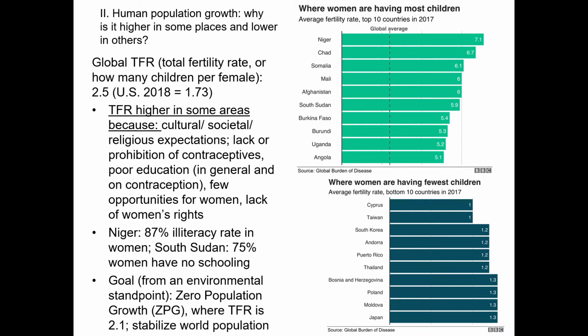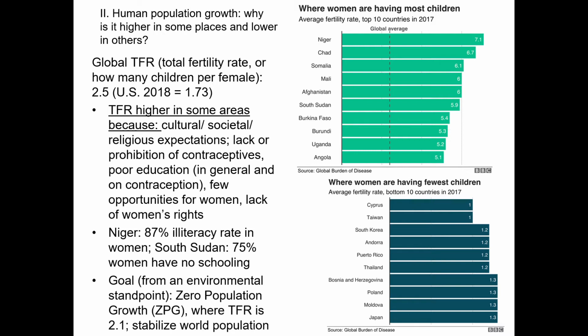These are the top 10 countries with the highest fertility rates, ranging from 5.1 to 7.1. That's how many children per female. Where you see the fewest, it ranges between 1 and 1.3. Again, the US is 1.73. It's only 1 in Cyprus, Taiwan, South Korea 1.2, Japan 1.3.